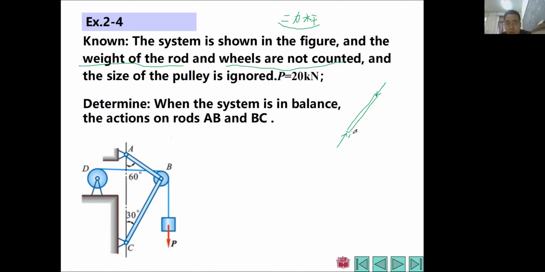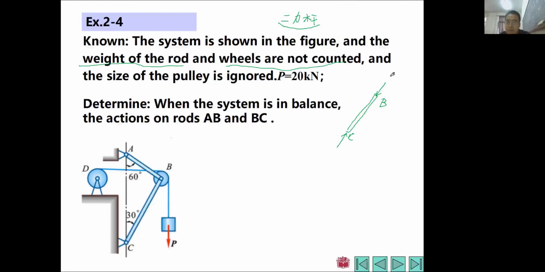So like I can draw here, maybe BC. Can you guys understand that? So from this picture, from this known condition, because it tells us the weight of the rod is not counted, we will find that this BC is a two-force balanced rod.